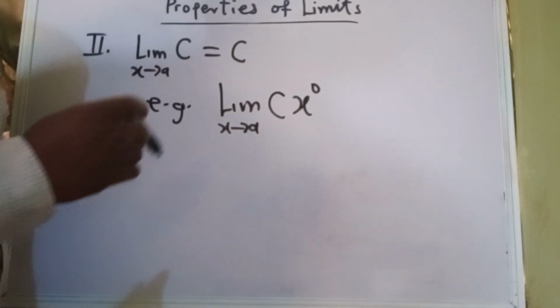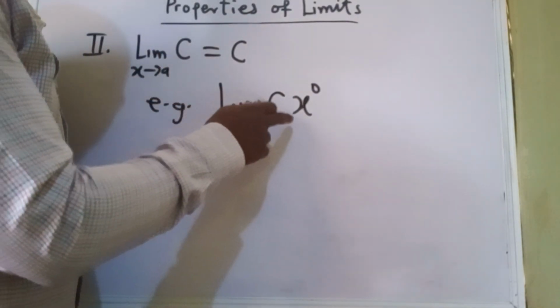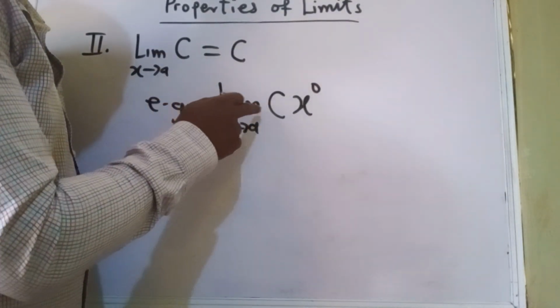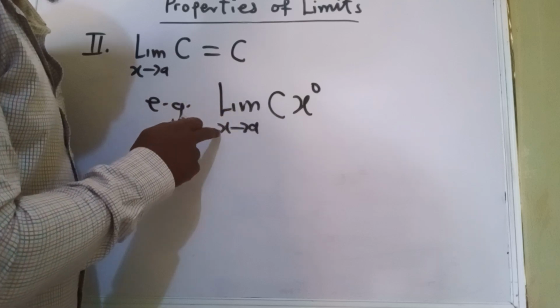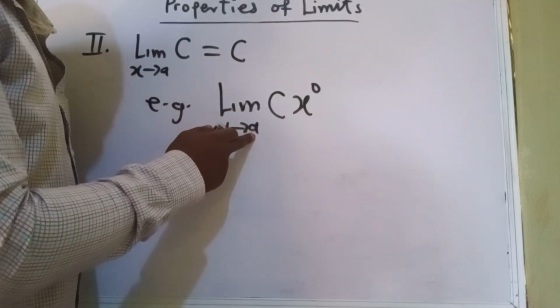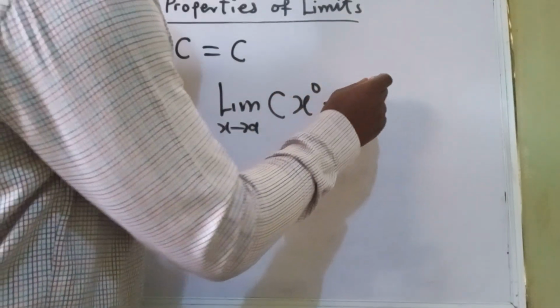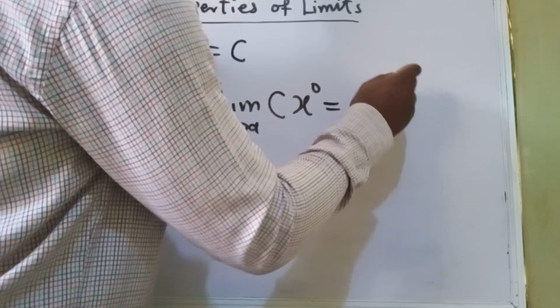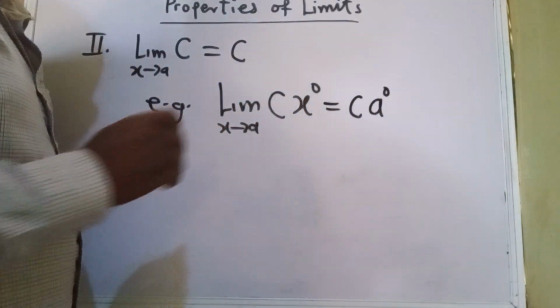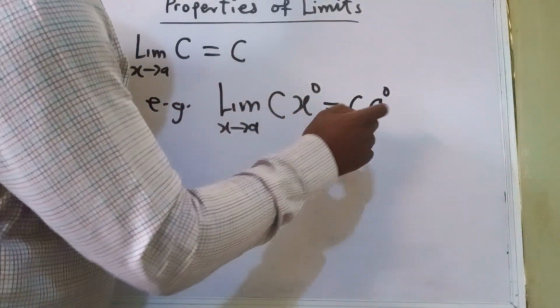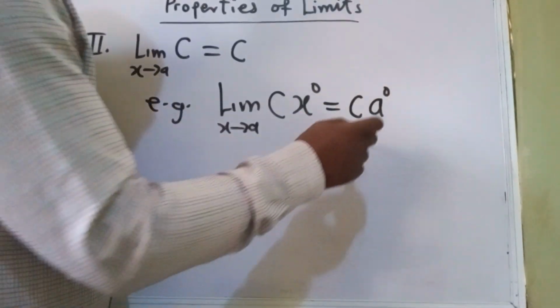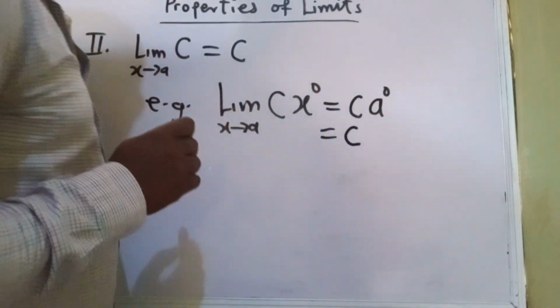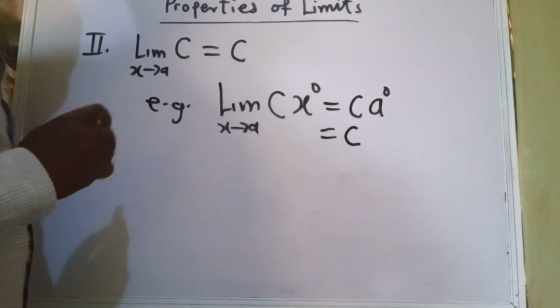If we apply the limit, whenever we see x, we substitute a. So this will be a raised to the power of 0, and by the law of indices, a raised to the power of 0 is 1. So c times 1 is c. So this is the second property.